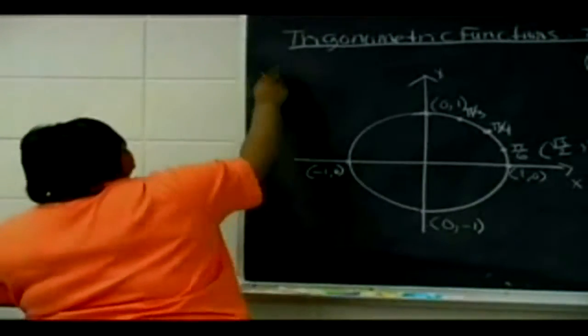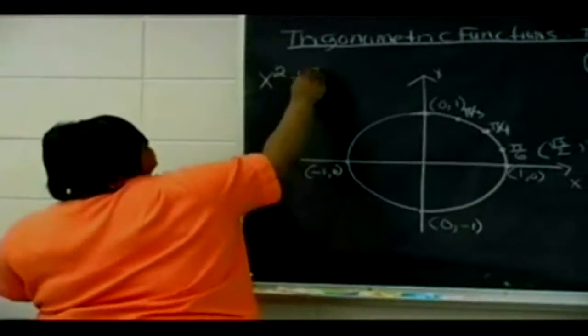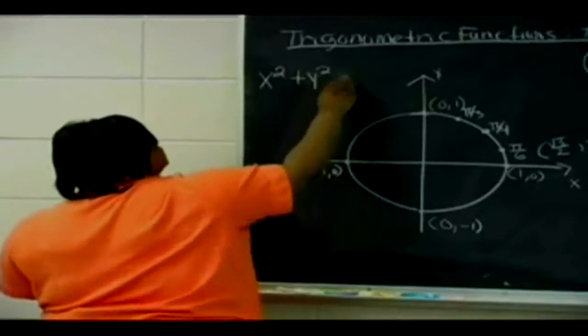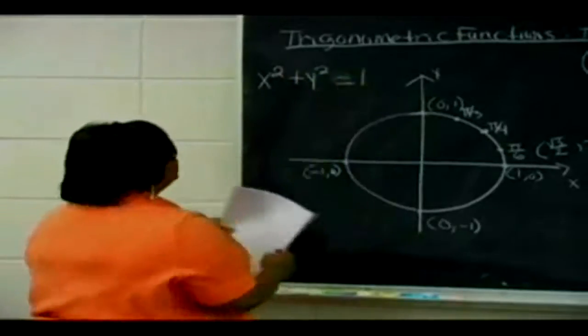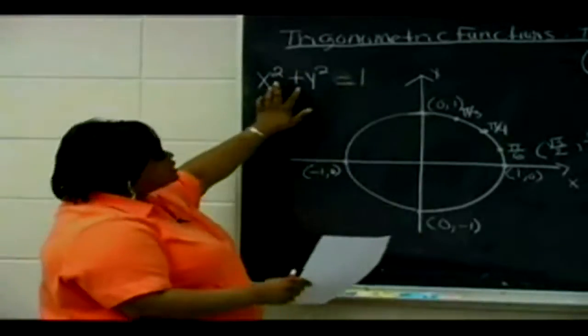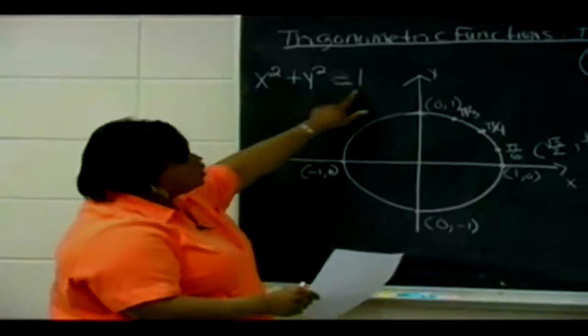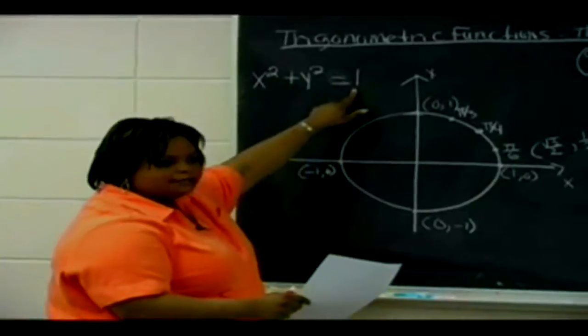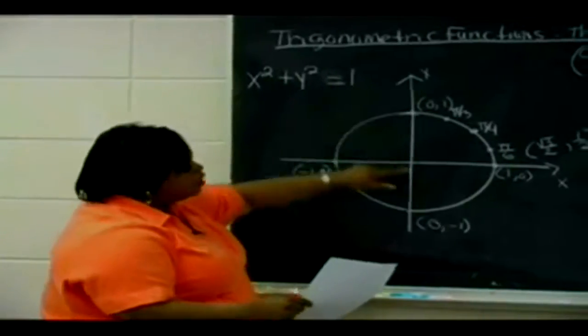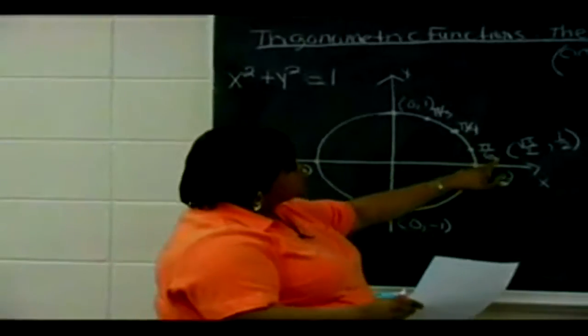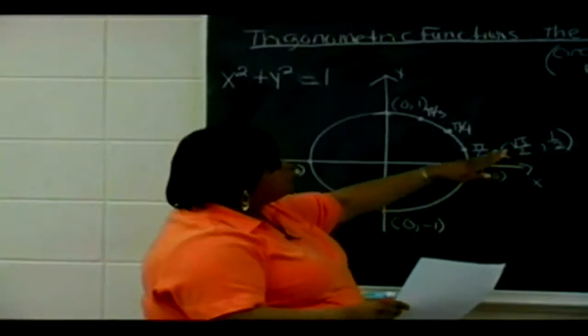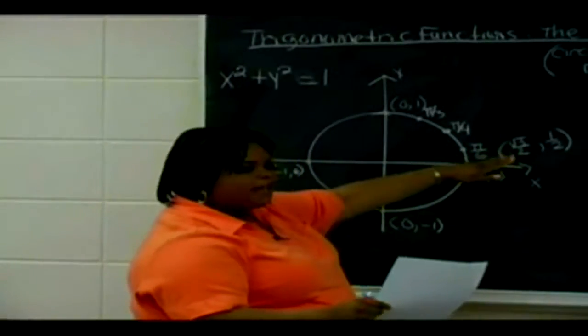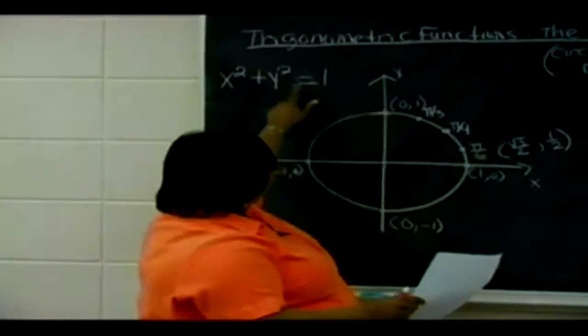Remember, the equation of a circle is x squared plus y squared equals 1. This is the equation of a circle centered at the origin of radius what? 1. So, at pi over 6, this corresponds to the point on the circle, square root of 3 over 2, comma, 1/2. If we put that in here, we should get a true statement.